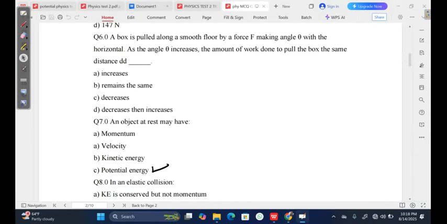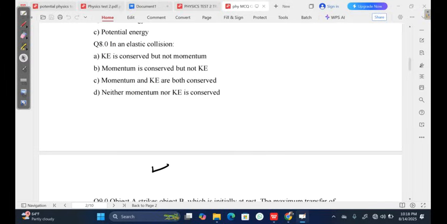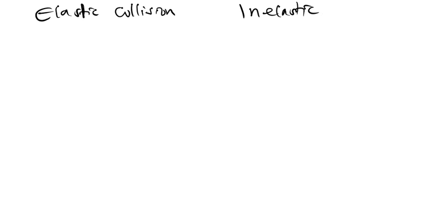Now let us go to question 8. In an elastic collision... there are only two things that I want you to understand here. We have what we call elastic collision and inelastic collision.